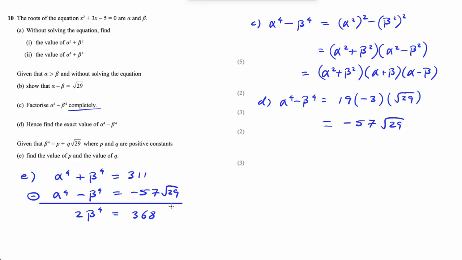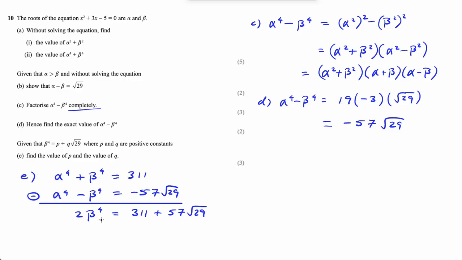No, sorry, guys, I've done something stupid. Sorry, I take that back. I can't do that because this is root 29. So it's 311 plus 57 root 29. Okay, fine. Because it's minus is plus, but I can't add them together, of course.